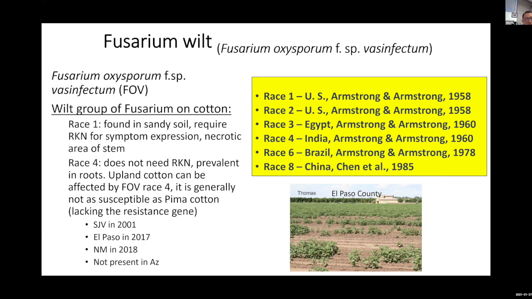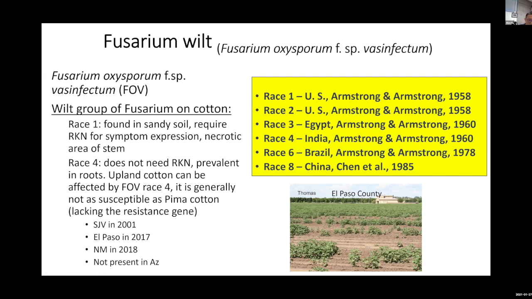But race 4 does not need the presence of nematodes. Race 4 was first detected in California, San Joaquin Valley back in 2001, and recently detected in New Mexico and Texas. It's really an early season disease.